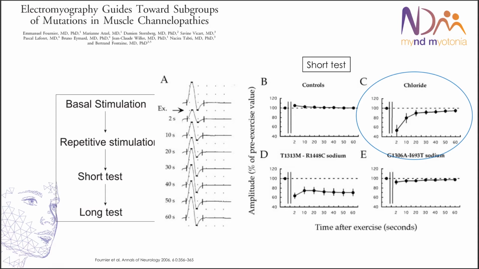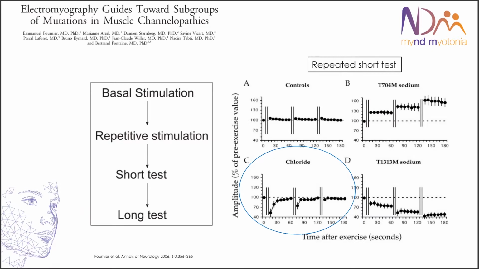The next step in this study is that we ask the patient to repeat the short test 3 times. So we perform the same study 3 times in a row. In the case of controls, you can see that the motor action potential is stable every time. In the case of mutations in the chloride channel, we will see the first one with this immediate decrease, the second one that is better, and the third one that recovers normality.